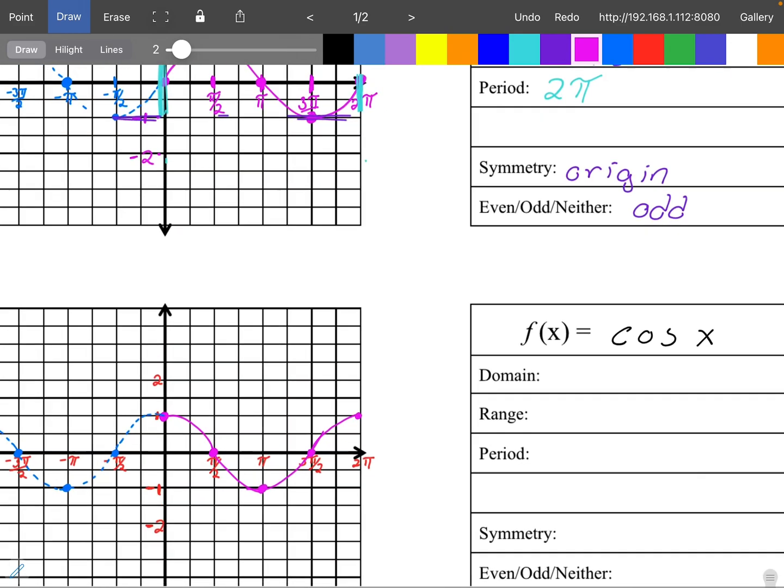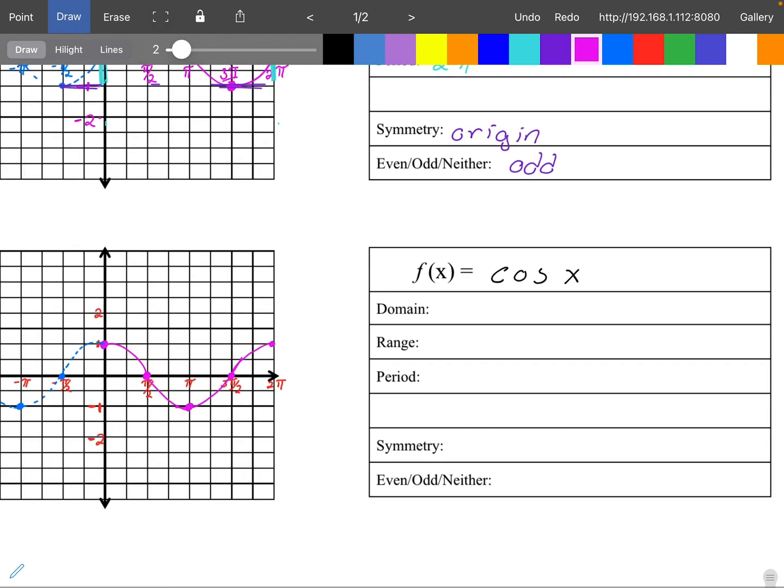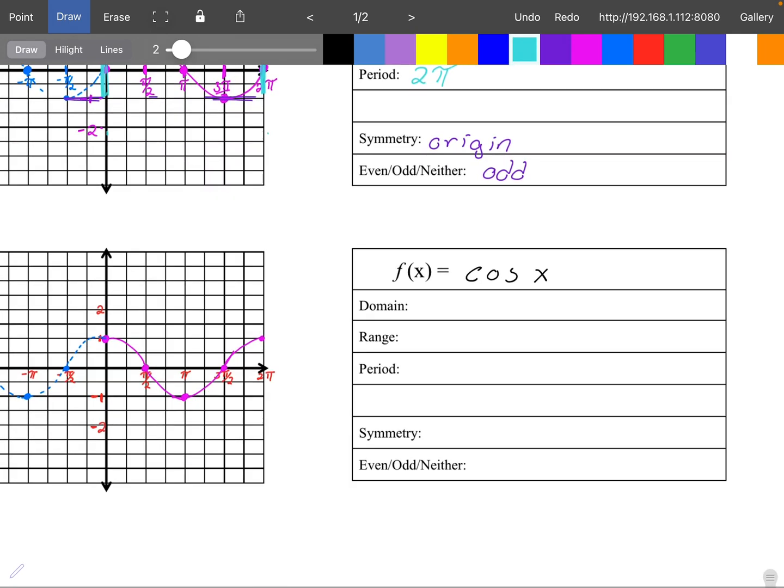So let's fill in our characteristics for our cosine. So again, since we can keep going around the unit circle over and over and over as many times as we want, that means that our domain is going to be negative infinity to positive infinity. We can rotate negatively forever, or we can rotate positively forever.